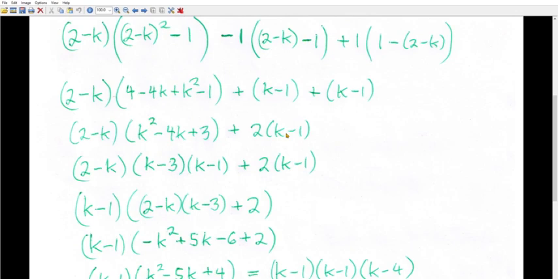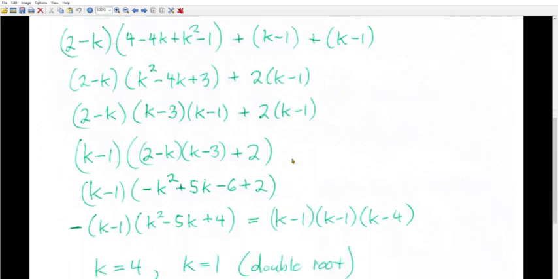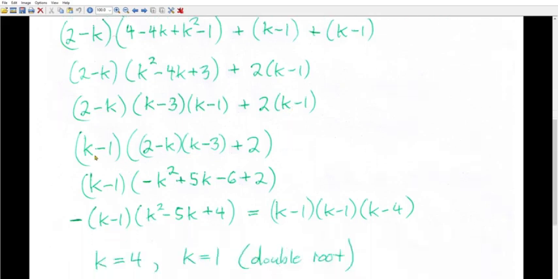Now, before we multiply things out, what we want to notice here is that this factors as K minus 3 times K minus 1. There's a K minus 1 right here. I can factor out the K minus 1, which I'm going to do. And what I'm left with when I'm done is this 2 minus K, this K minus 3, and that 2.